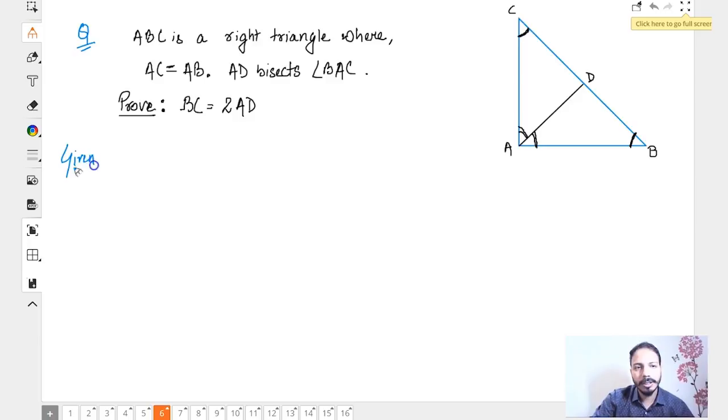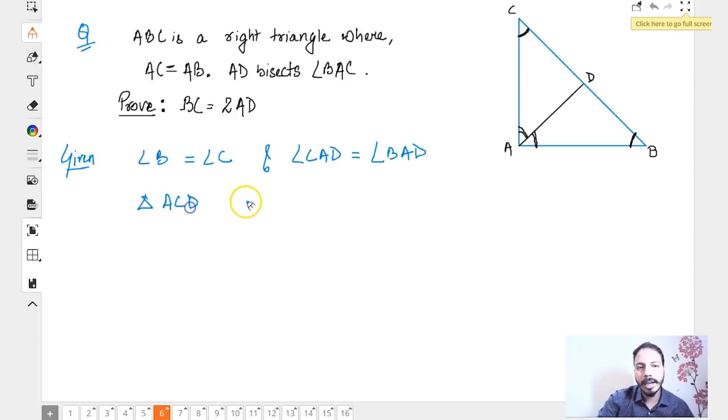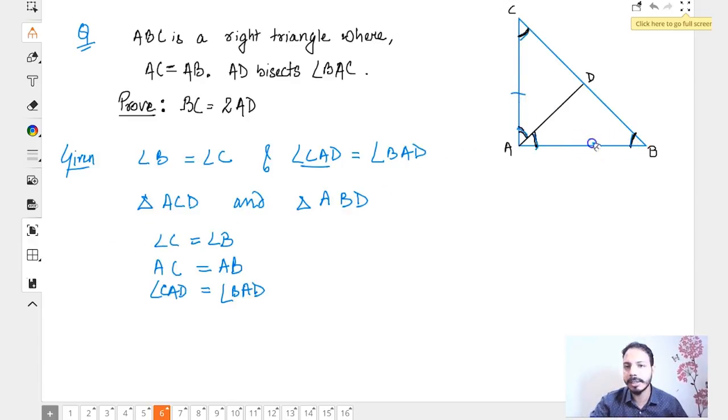Given that angle B is equal to angle C, and what else is given is that this is a bisector. So triangle ACD and triangle ABD. Okay, so we can say that this angle corresponds to this angle and this side corresponds to this side.